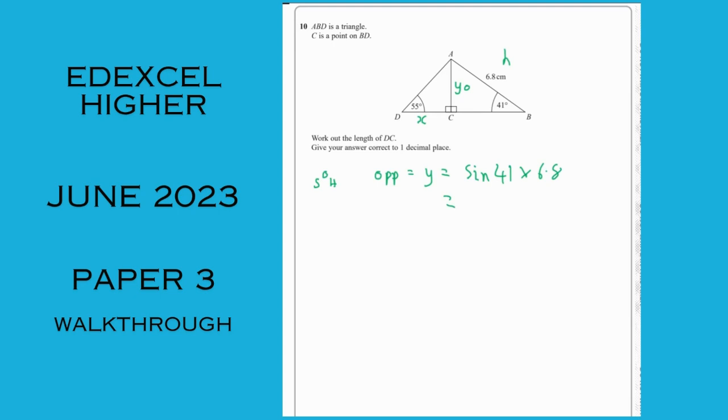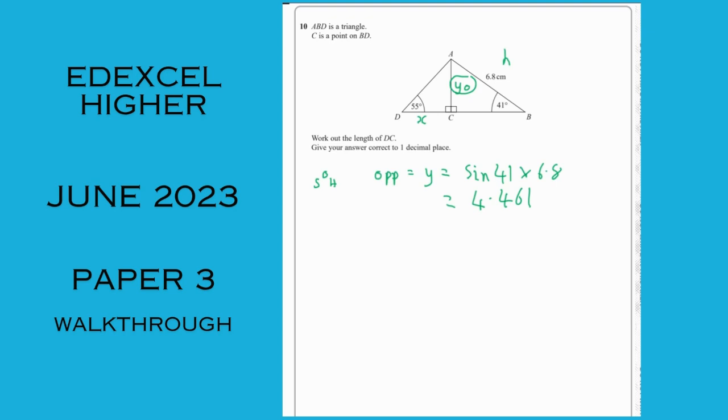It wants the final answer to 1 dp, so give this to 2 or more, but not loads. So 6.8 times sin 41. So I'll go with 4.461. So that's this.